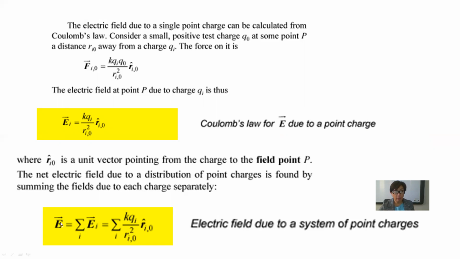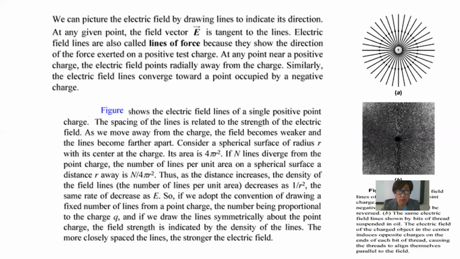Here is the formula of the electrical field due to a system of point charges: the first electrical field plus the second, third, etc., plus the final electrical field. This characterizes the electrical field due to a system of point charges.